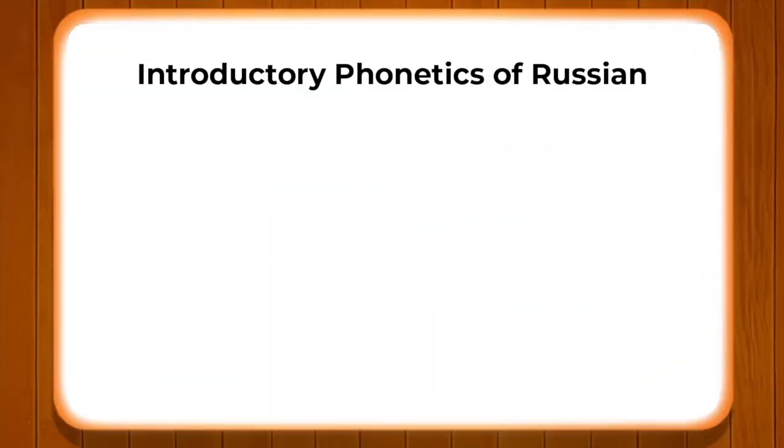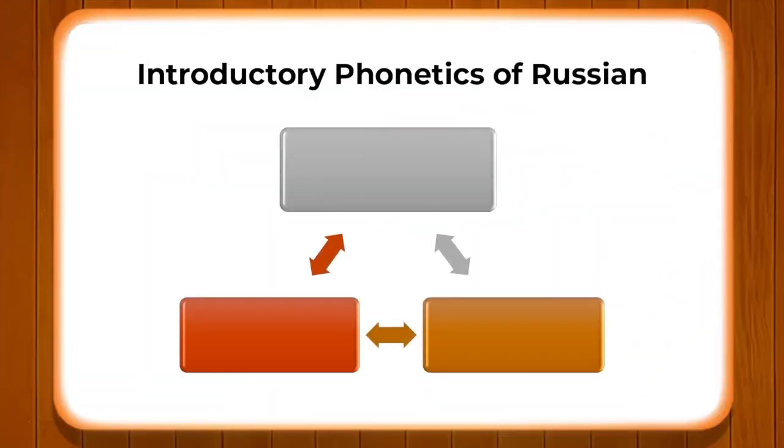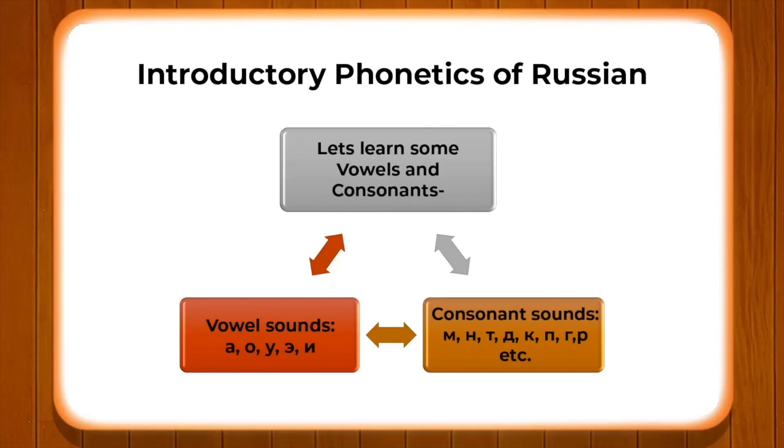In this lesson, we are also going to talk about the basics of the Russian alphabet with the help of the Russian phonetic system. Now, we will discuss this particular system in detail. Here you can see that we have a lot of different letters further defined as vowels and consonants.